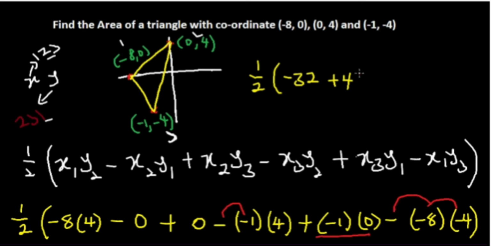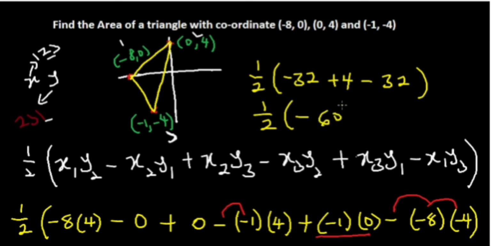I'll still have -32. So I'm having 1/2 of -32 plus -32, which is -64. -64 plus 4 will be -60. So I have -60 here. Then I can actually cut my answers: 1/2 of -60 is 30. So the area of this will be -30. So that's the first way.